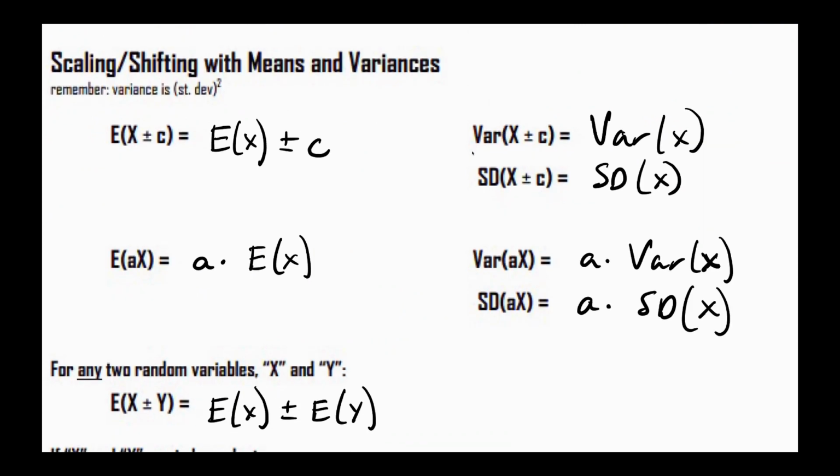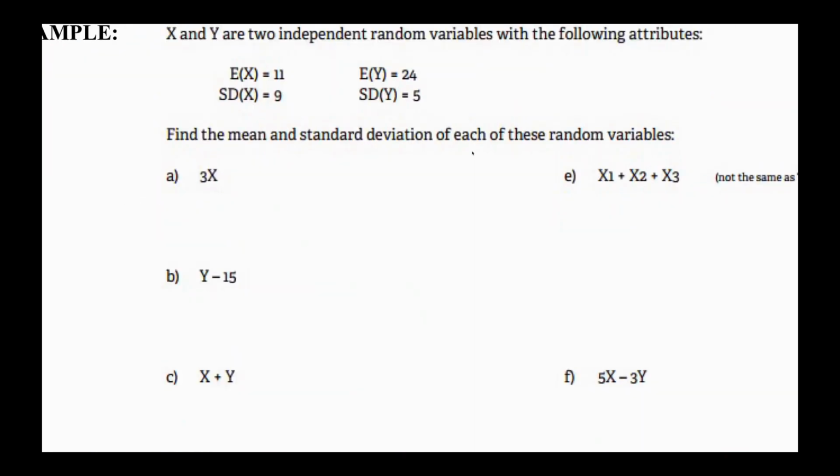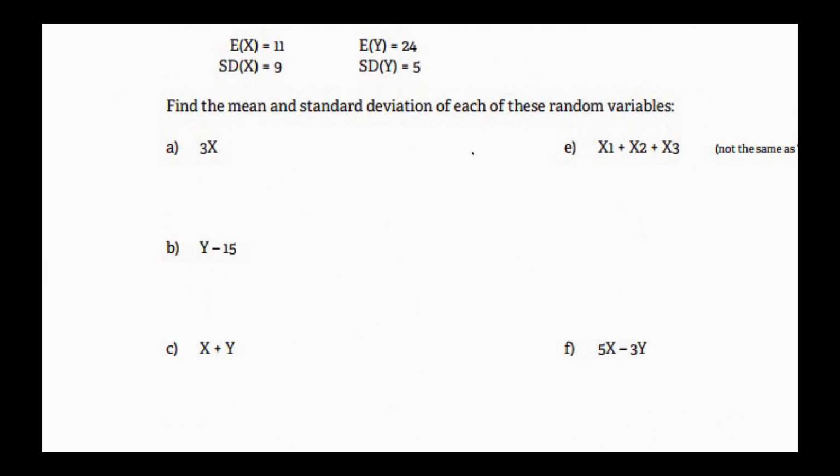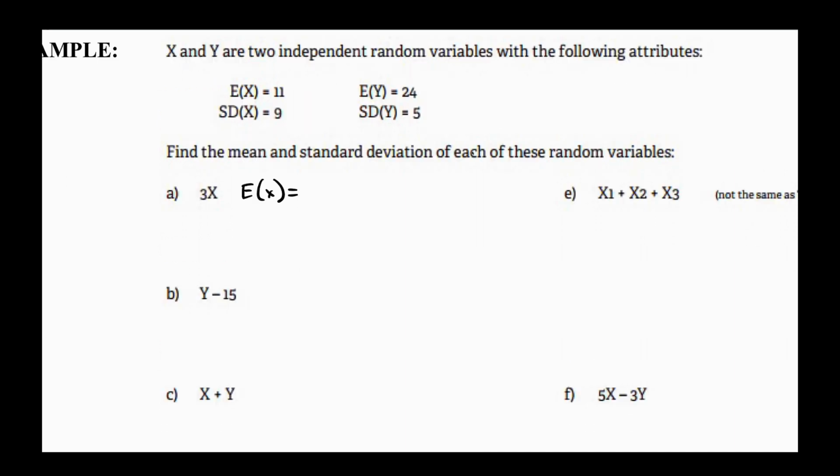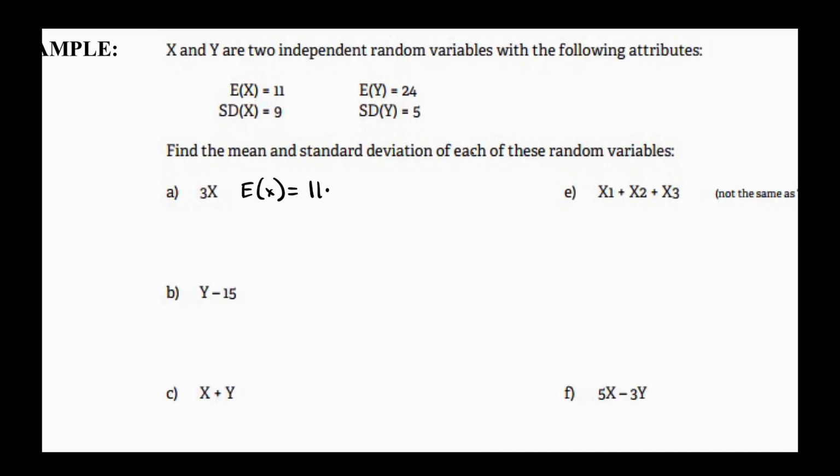I took a number and multiplied each of these guys by a number. In this case, it was 3. So I'm going to take the old expected value, 11, and multiply it times 3, so the new expected value would be 33.